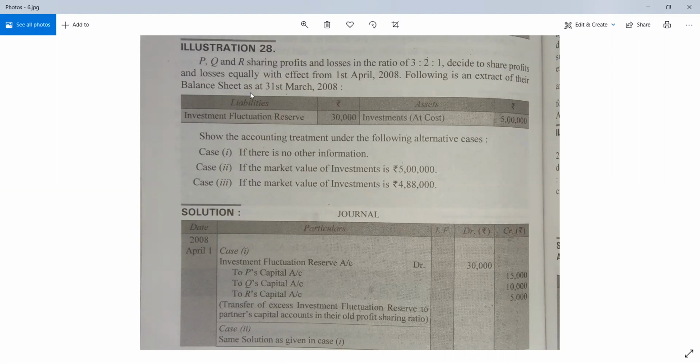And what has been given in the information is that an investment fluctuation reserve of 30,000 is there. Now try to understand the meaning of investment fluctuation reserve.